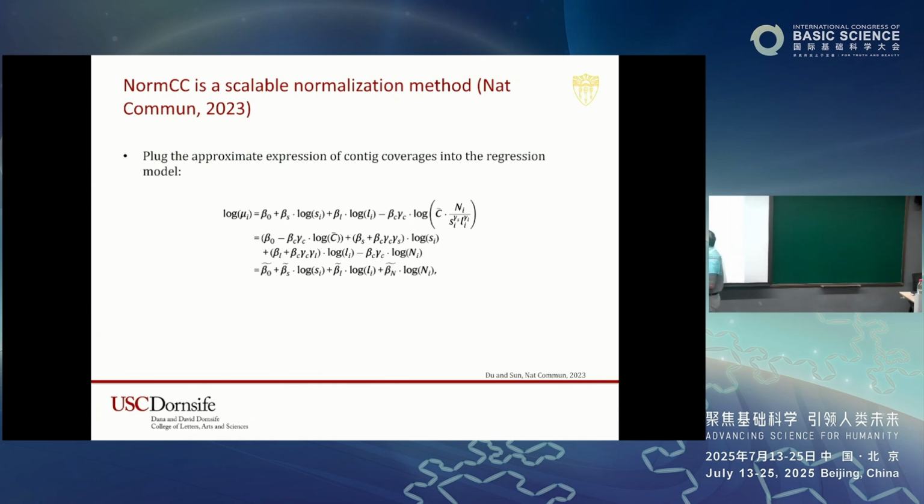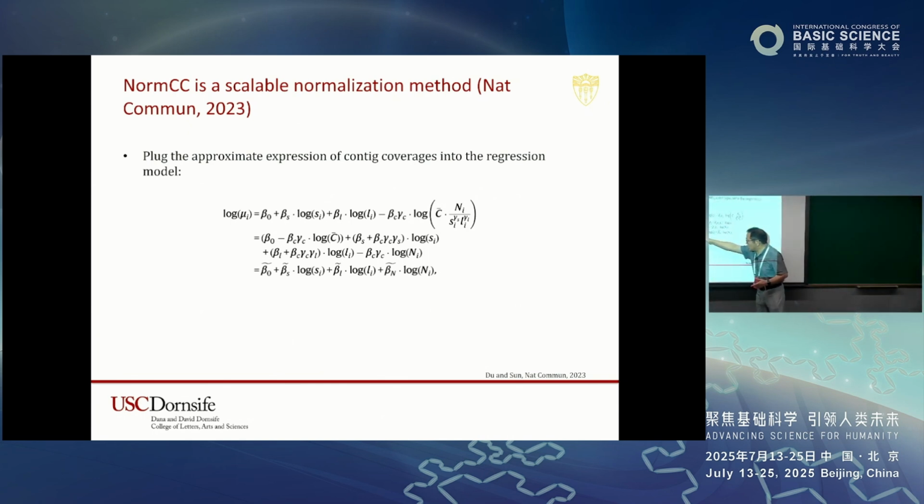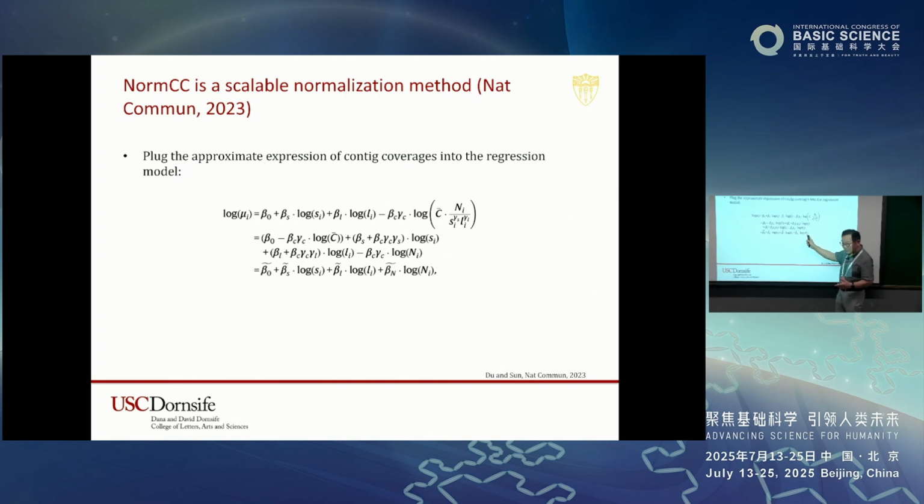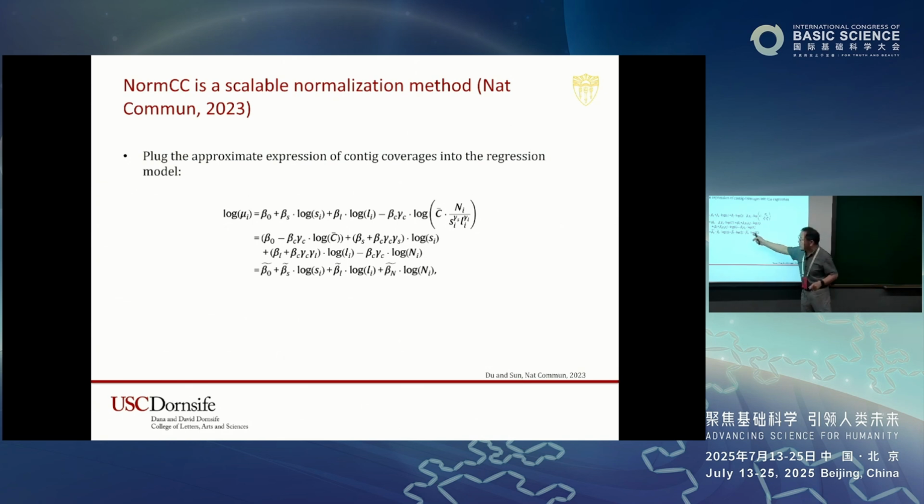This is the number of sites, this is the length of the contig, and this is N_I, the number of Hi-C reads mapped to that contig. This is reasonable because although we don't use the regular reads, we are using Hi-C reads to calculate this, and then we get this.